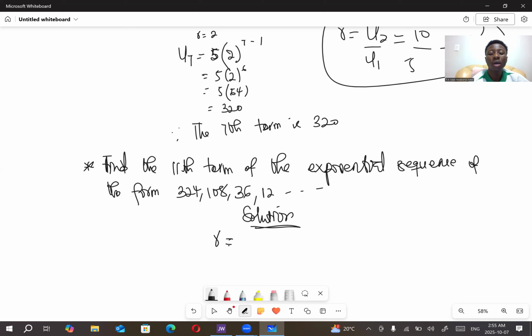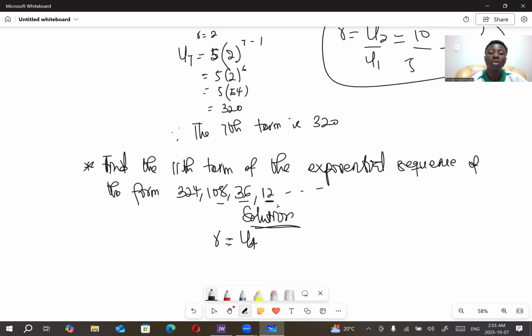So Victoria, joining today, what did you hear about R? How do we find R? U3 over U2. Or you can do this one over this. That's the fourth number, so U4 over U3. They will all give you the same answer.